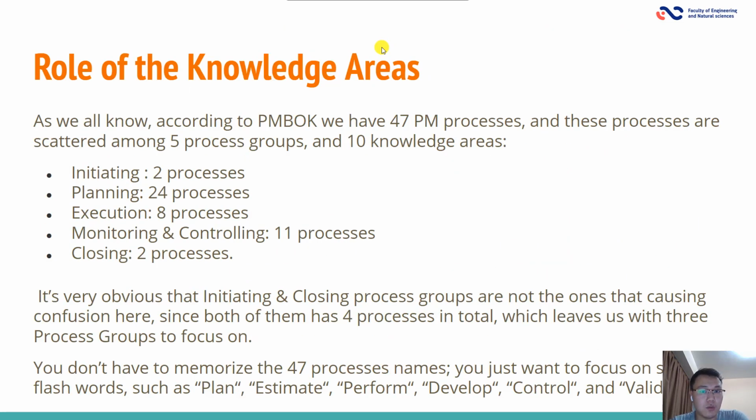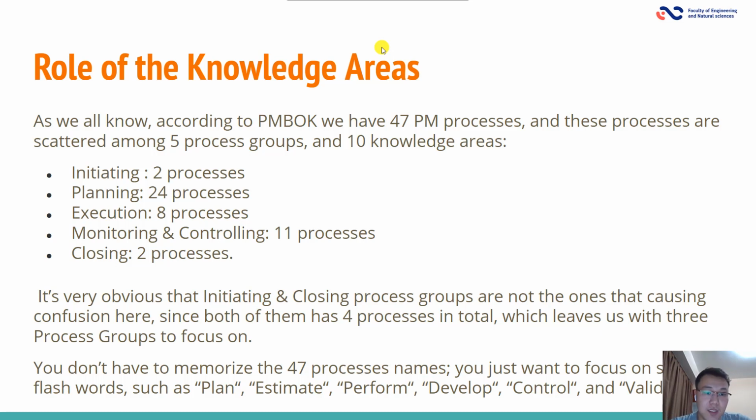Role of the knowledge areas. As we all know, according to the PMBOK, we have 47 PM processes, and these processes are scattered among 5 process groups and 10 knowledge areas. In initiating, we have 2 processes. In planning, 24 processes.